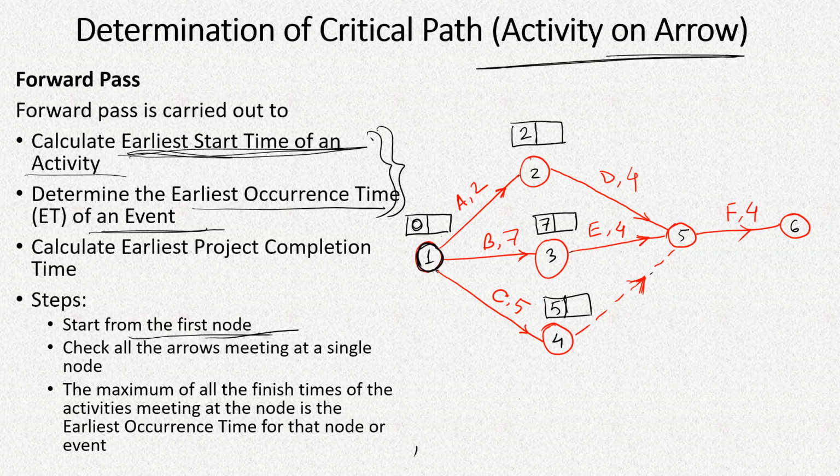So what this means is that this activity which starts from node 5, activity F, is dependent on activity D, activity E, and activity C. Now after completion of activity C, we are using this extra dummy activity to show the dependency of this activity F on all 3, D, E, and C.